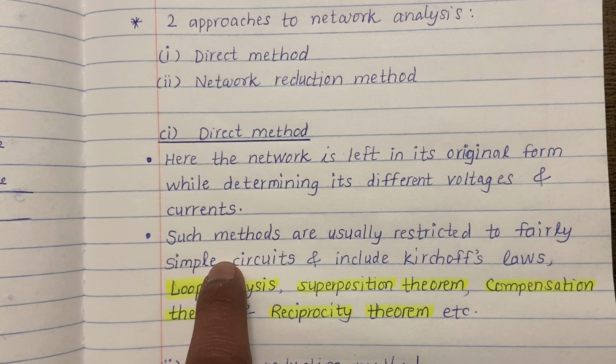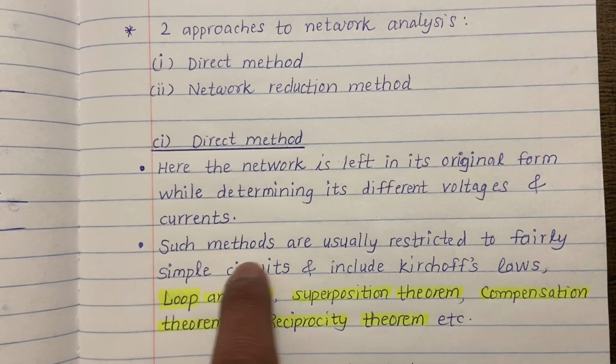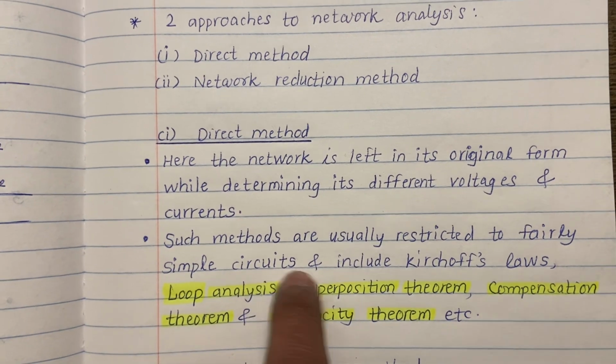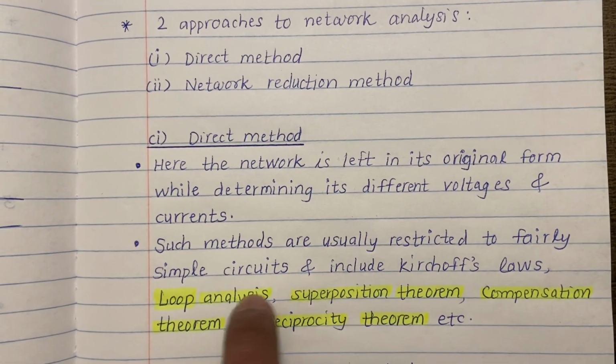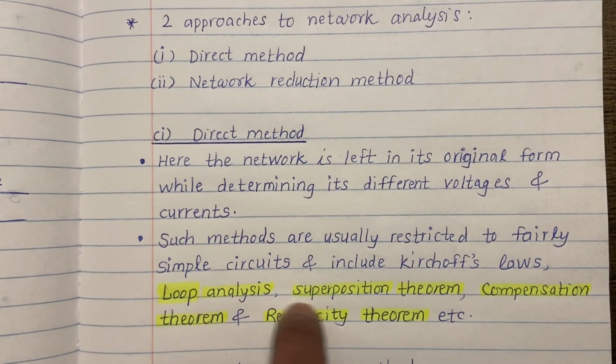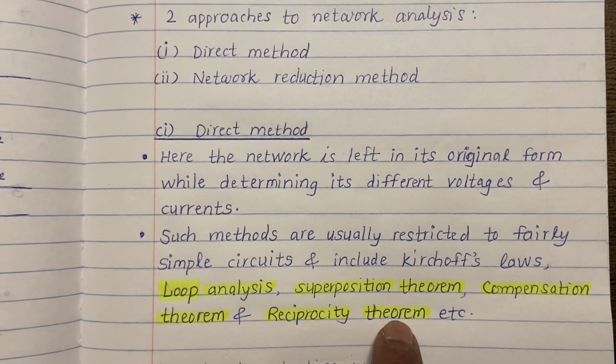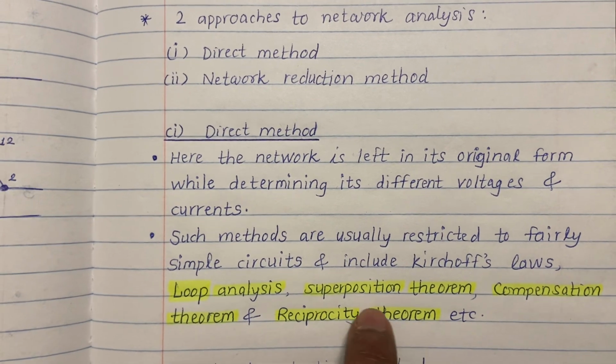What is the second point about this direct method? Such methods are usually restricted to fairly simple circuits, and it includes Kirchhoff's laws, loop analysis, superposition theorem, compensation theorem, and reciprocity theorem.